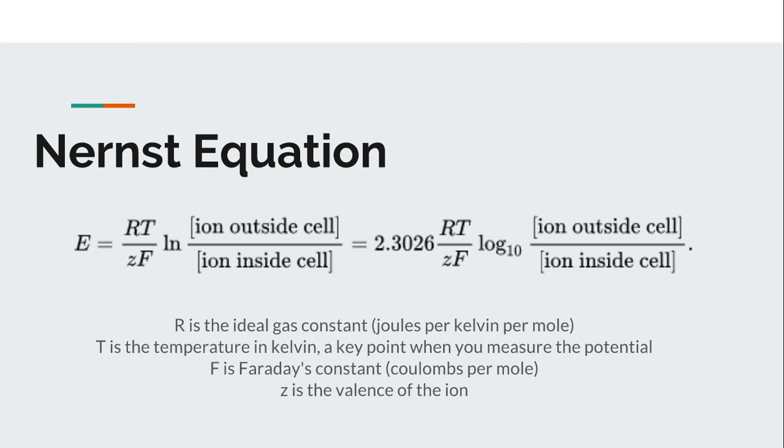R is the ideal gas constant in joules per Kelvin per mole. T is the temperature in Kelvin, a key point when you measure the potential. F is Faraday's constant in coulombs per mole, and C is the valence of the ion.